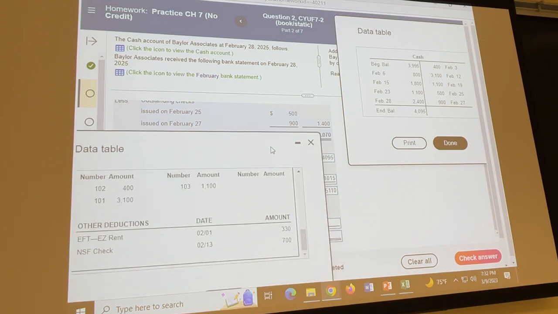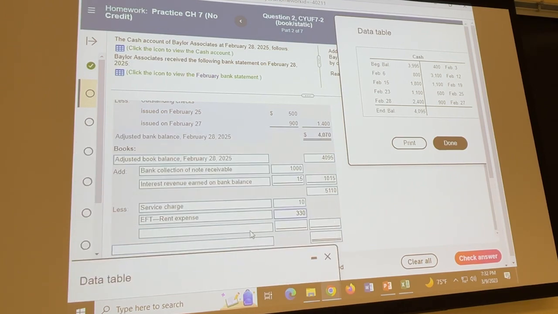And an NSF check, $700. So adding those three negative adjustments together would be 1040.